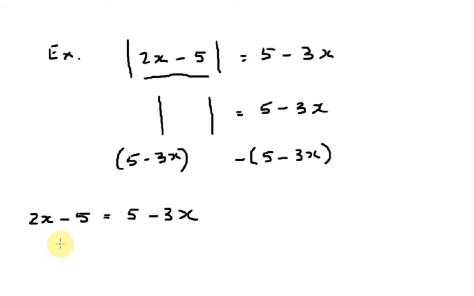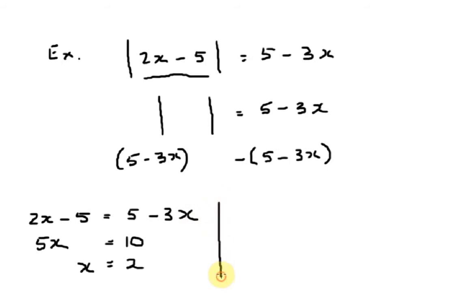And this is a solvable equation. I'm going to add the 3x over, so this is now 5x. And I'm going to add the 5 over to this 5, so that's 10. And when I divide by 5, I end up with what looks like a pretty good solution. x equals 2. Okay.